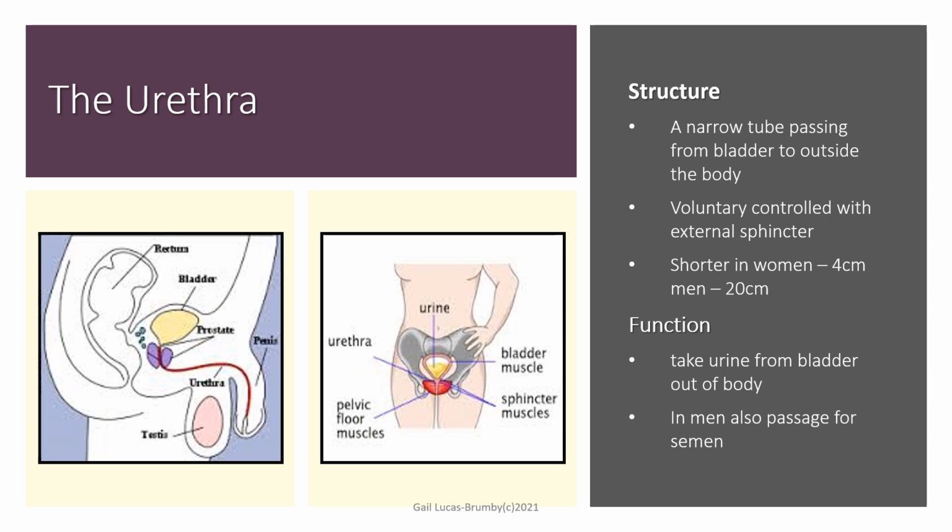And this is quite often one of the questions that ITEC might ask you. So the urethra is a passage that takes urine from the bladder to the outside of the body. It's shorter in women, longer in men, and in men the function is not only to take urine out of the body but also to act as a passageway for semen.